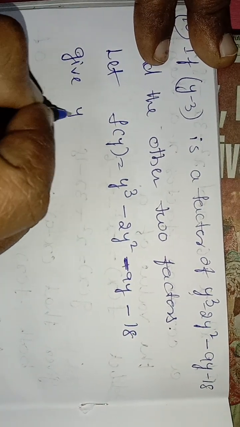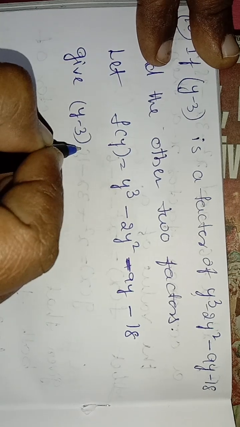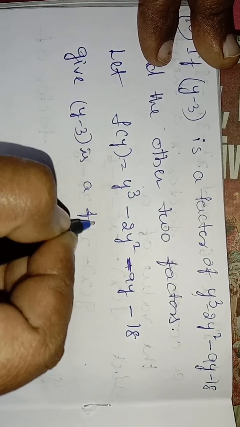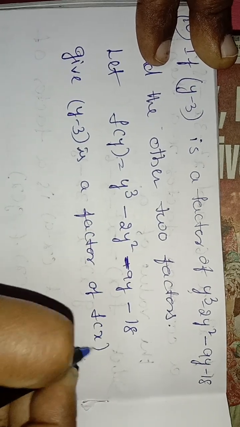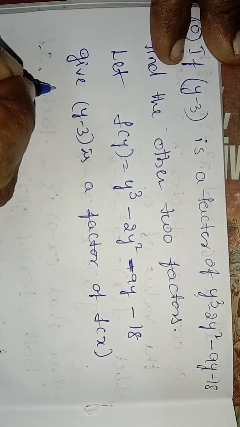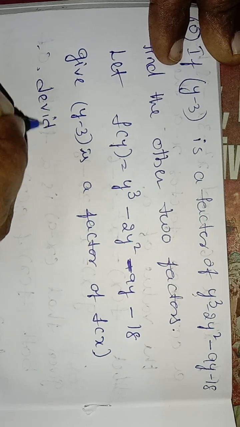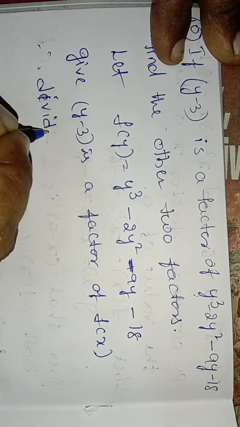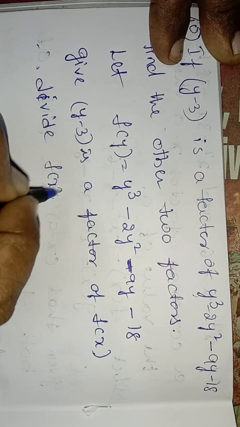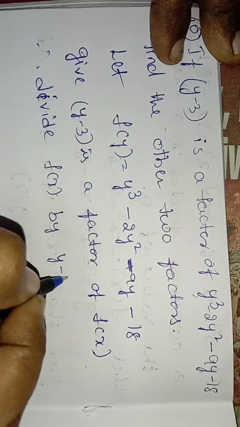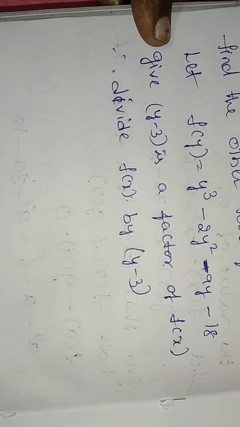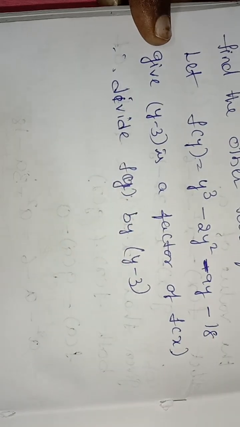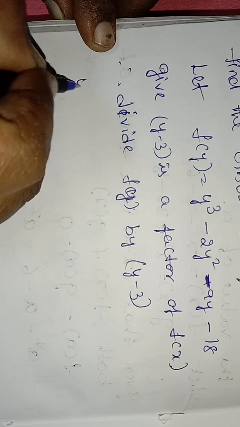Given y minus 3 is a factor of f of y. So what we have to do, divide f of y by y minus 3. So do the division.